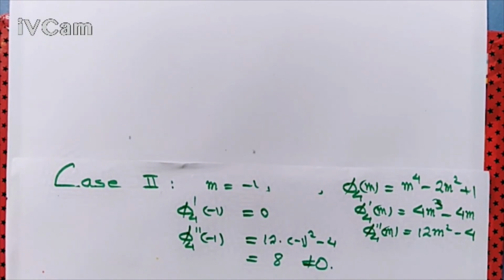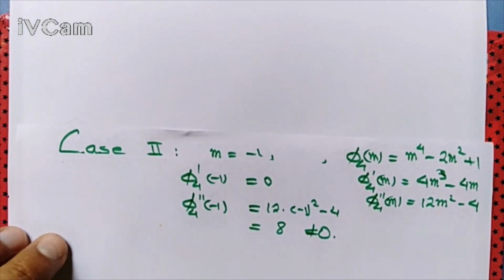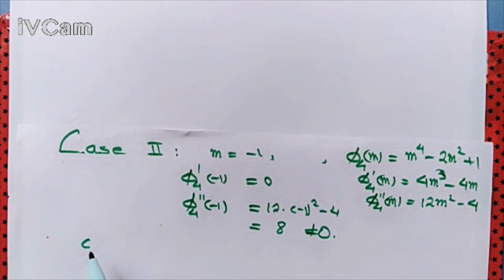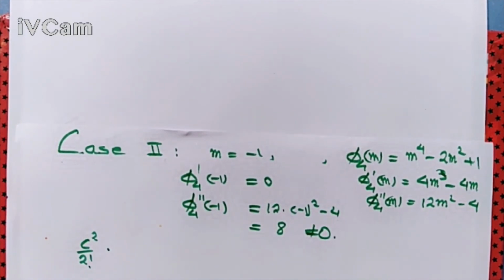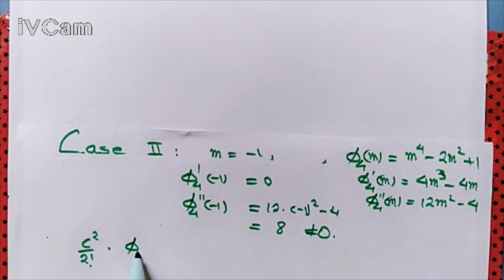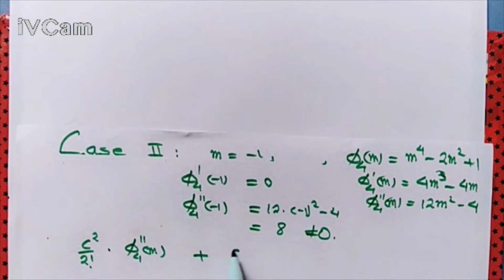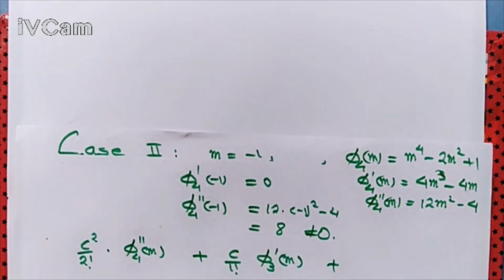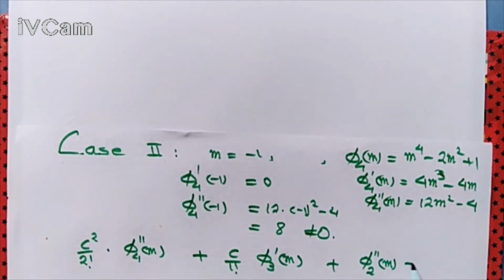So again we'll apply second formula here. What is the second formula we have? C square by factorial 2 phi 4 double dash m plus C by factorial 1 phi 3 dash m plus phi 2 m equal to 0.